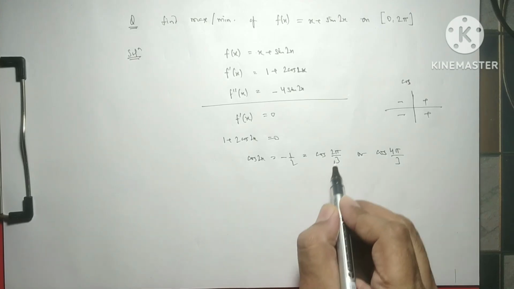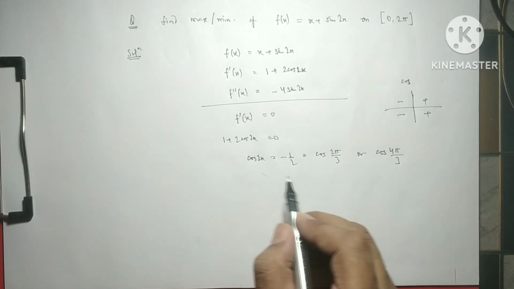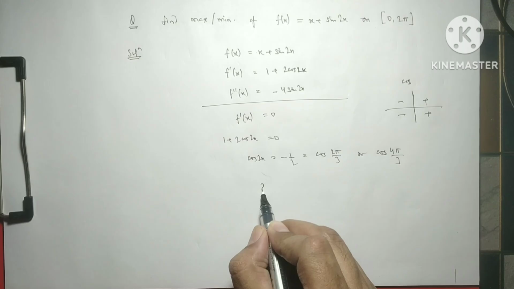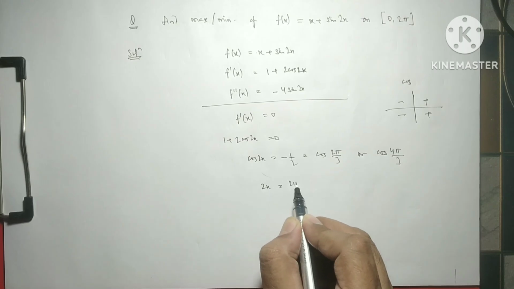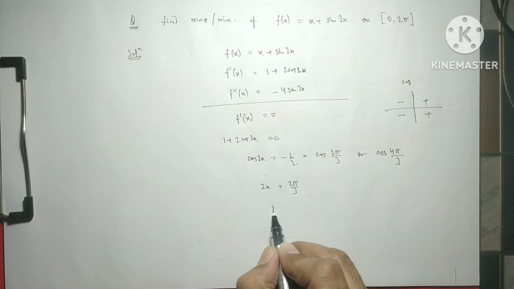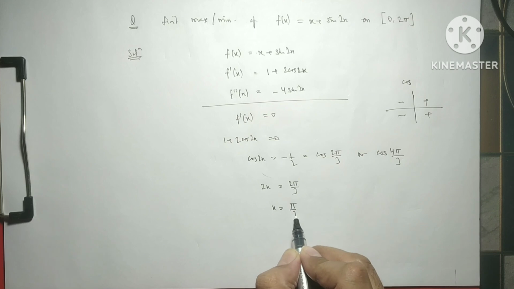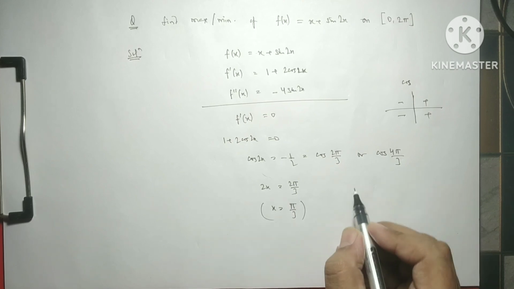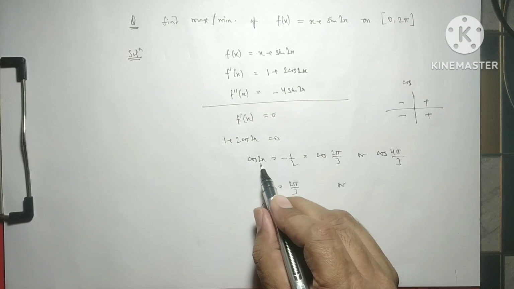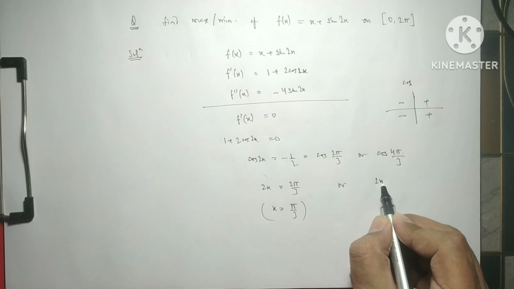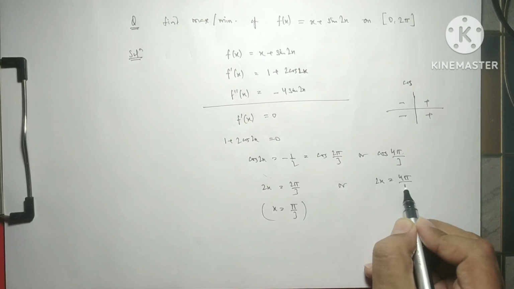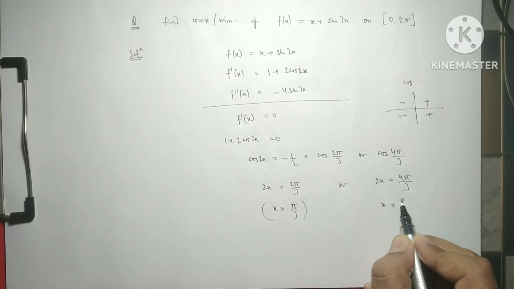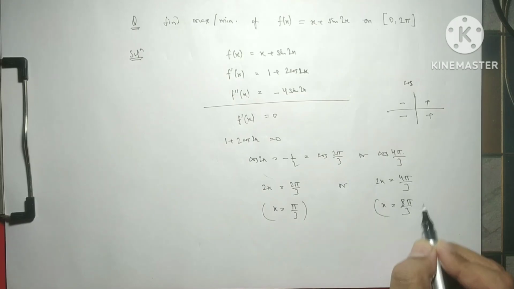So when you equate these, you get 2x is 2 pi by 3, so x is pi by 3. Or when you compare 2x with 4 pi by 3, you get x is 2 pi by 3.